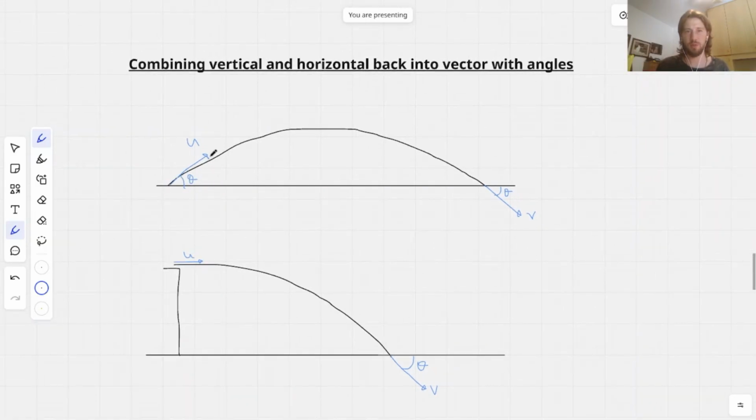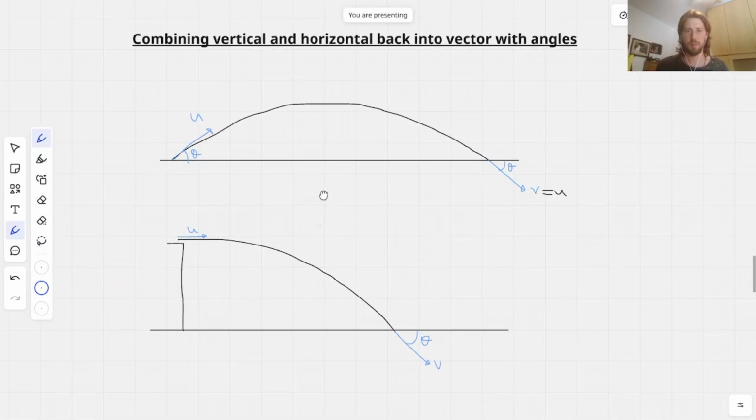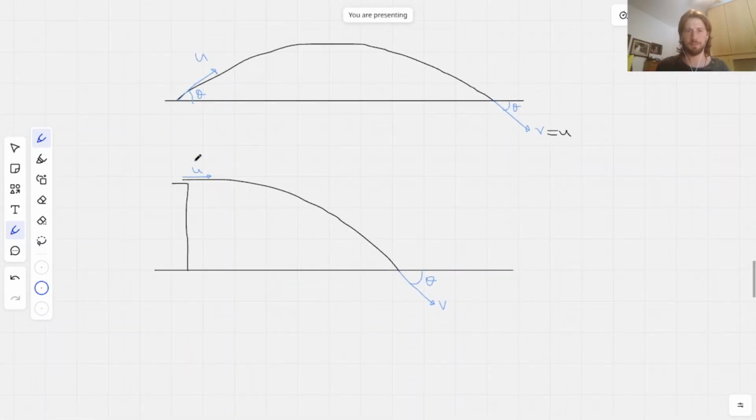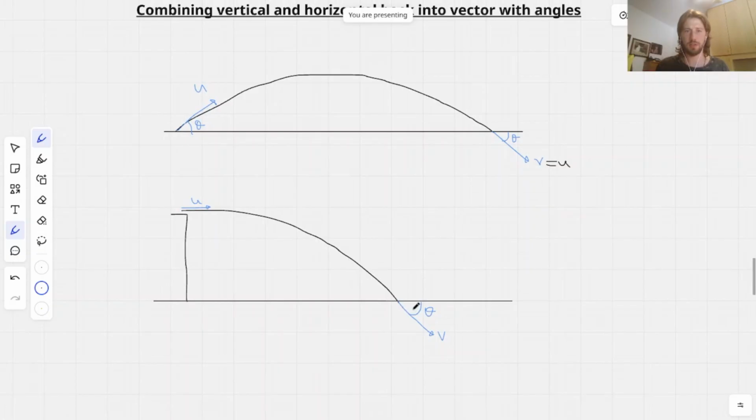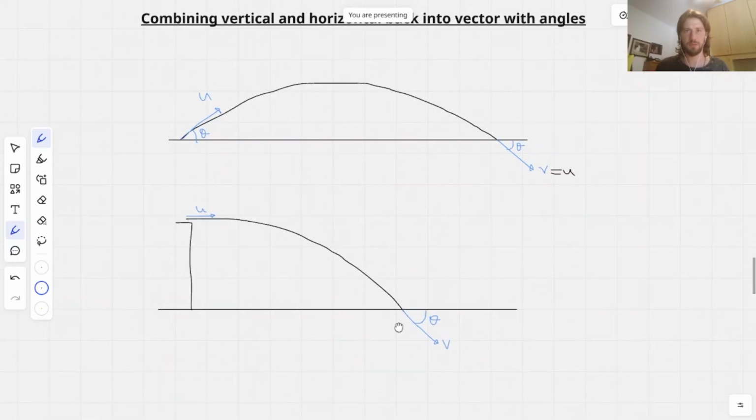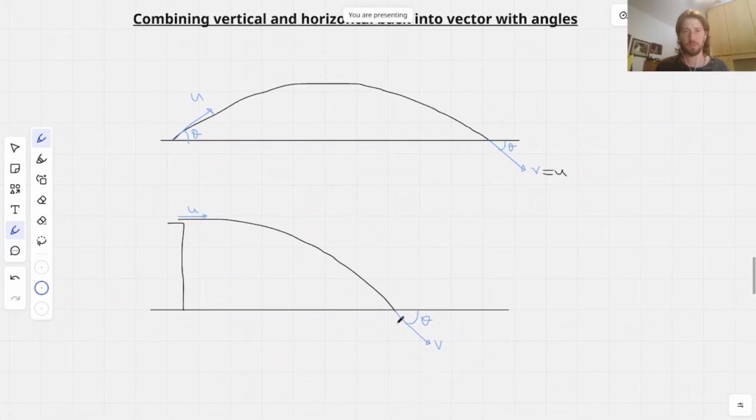Now, we already knew from symmetry that if we are shooting something up at u, then it will go down at v, which is equal to u, with the same angle. But what if we give it an initial speed, like so, and then we're asked, okay, what angle does it land, and at what speed does it land? Yes, speed. So how do we do that?